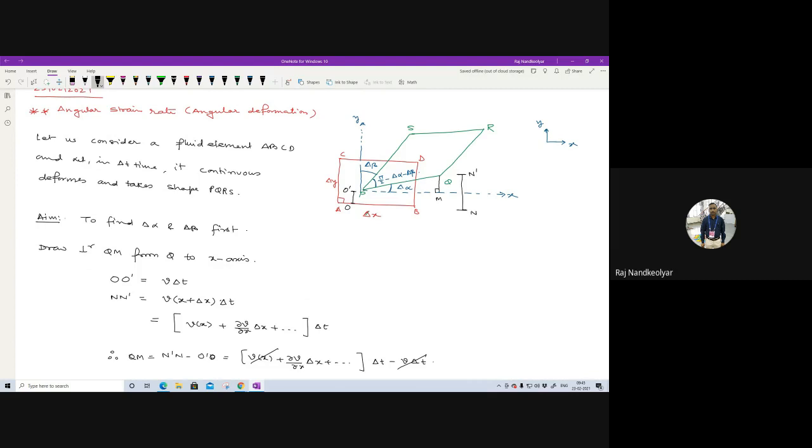So now, the change in the angle between the line elements is how much?